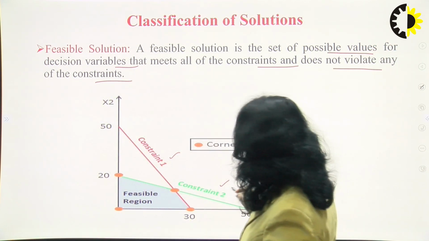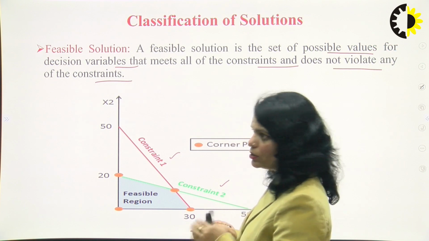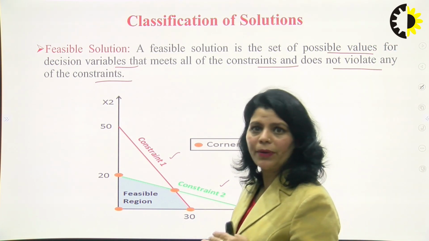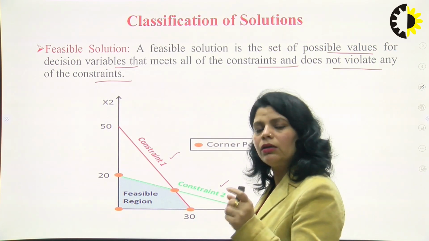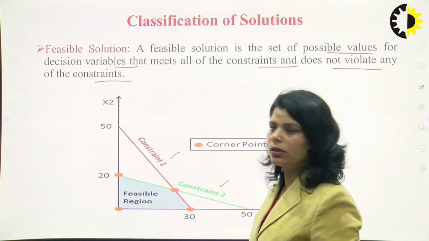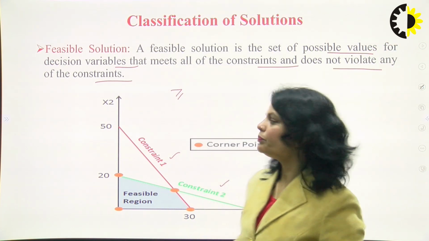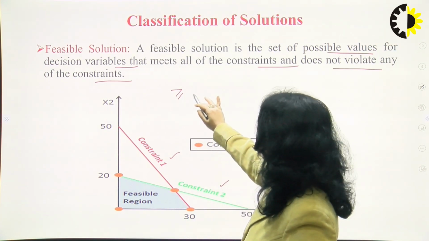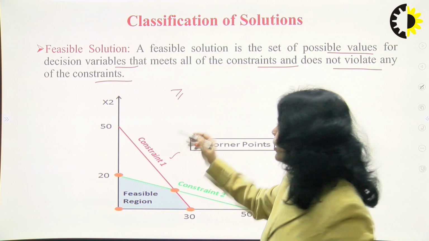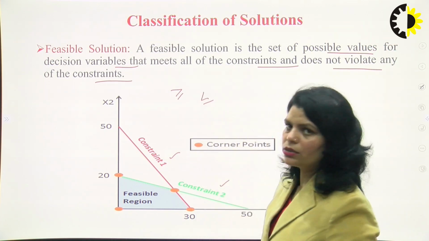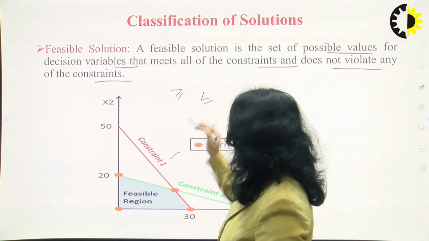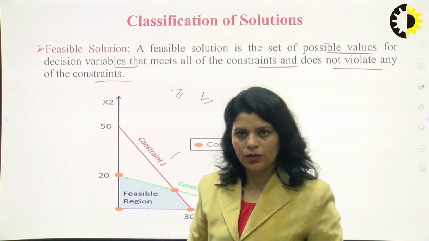The shading area will depend on what type of symbol is associated with the constraints. If it is the greater than or equal to symbol, then we will shade above the line, and if the less than or equal to symbol is involved in the constraint, then we are going to shade below the line.